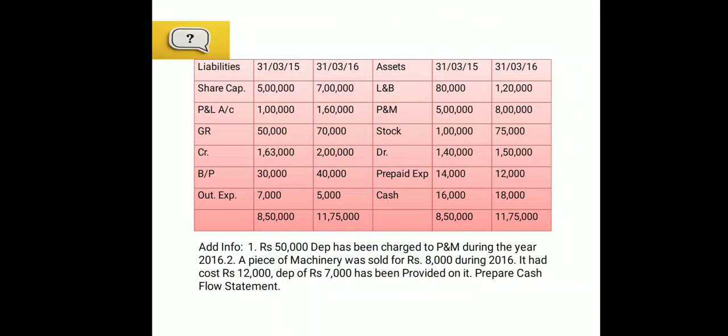Cash from investing activities. Clear? Now the next we have plant and machinery, and if we check in additional information also we have plant and machinery. So this particular item we will hold for a moment, because if there is some additional information, that means we need to work more.